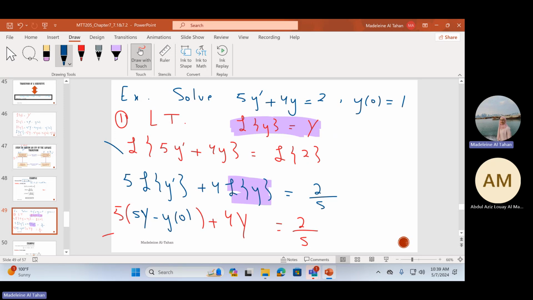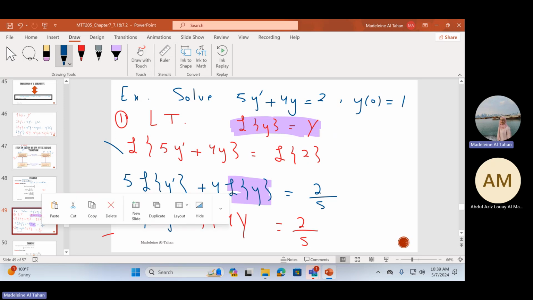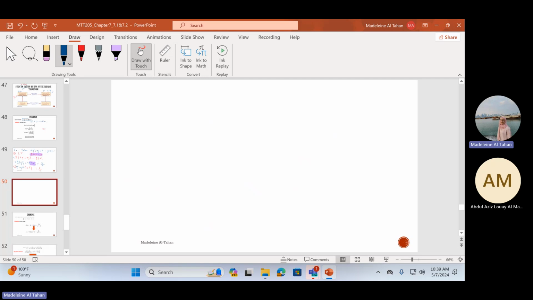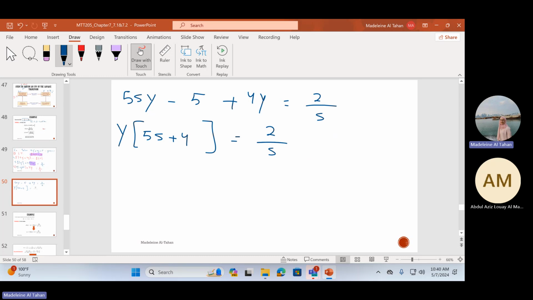Okay. Simplify it, rewrite it again. What will we get? We will get 5sY minus 5 times 1, which is y(0), so it's 5, plus 4Y equals 2 over s. Let's put the Y together: (5s + 4)Y equals 2 over s plus 5, right?